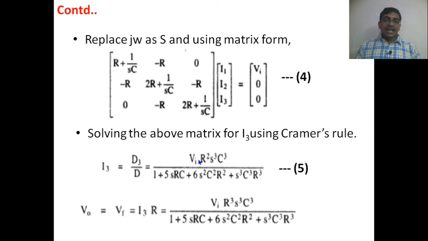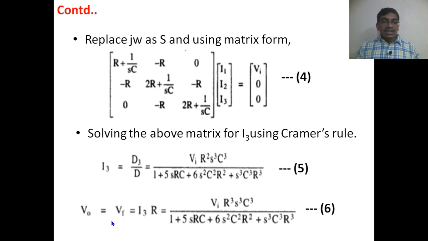Now the V naught is equal to Vf, which is equal to I3 into R. We already have the I3 equation, just we are going to multiply with R. Therefore here R squared will become R cubed and the remaining expression is the same: Vi R cubed S cubed C cubed divided by 1 plus 5 SRC plus 6 S squared C squared R squared plus S cubed C cubed R cubed.